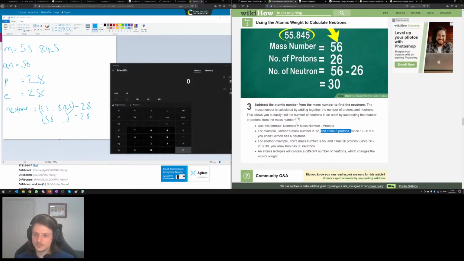That's not right. 56 take away 26, so, and it has 26 protons.